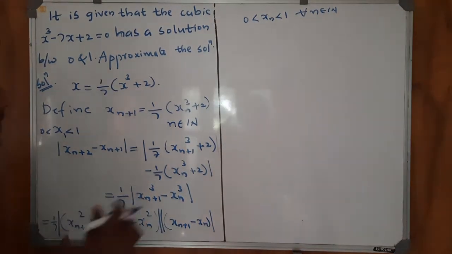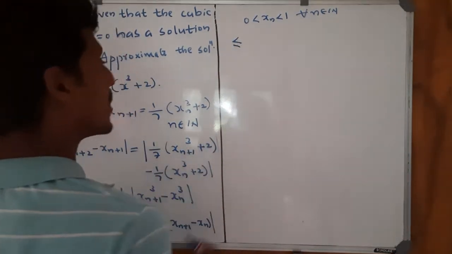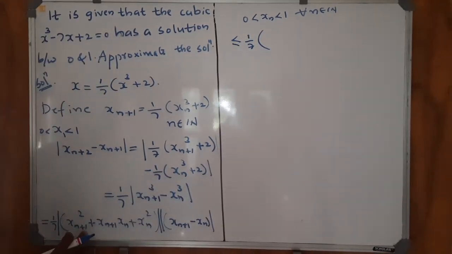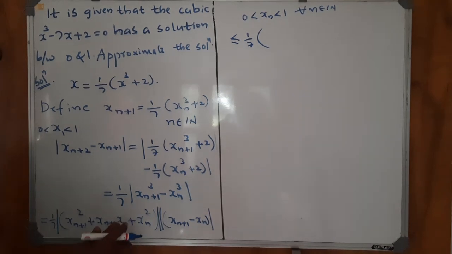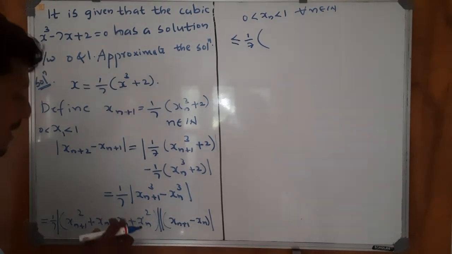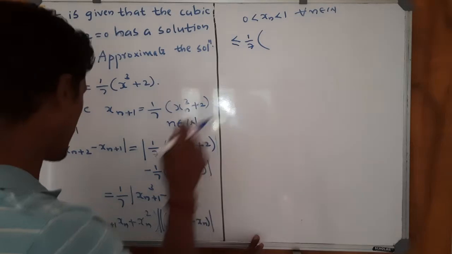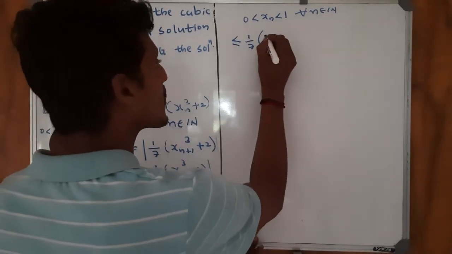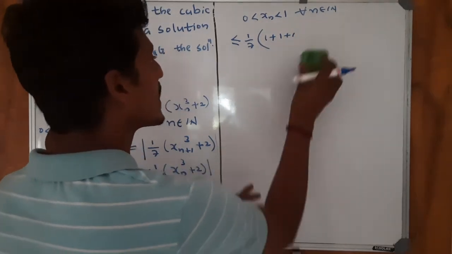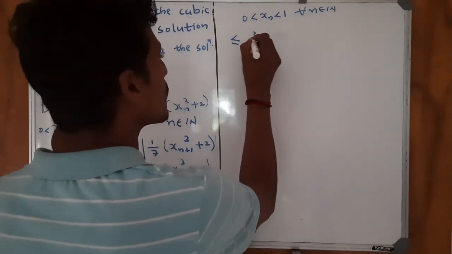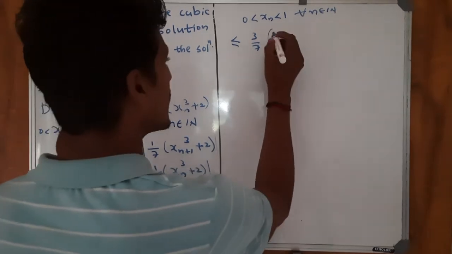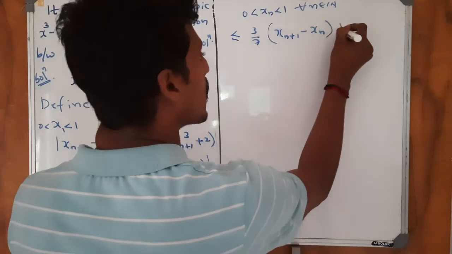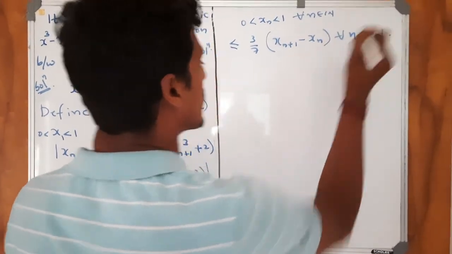I will get each of these less than or equal to 1 by 7 into 1 square plus 1 square plus 1 square, so 3. So this is less than or equal to 3 by 7 into modulus of xn plus 1 minus xn for all n belongs to N.